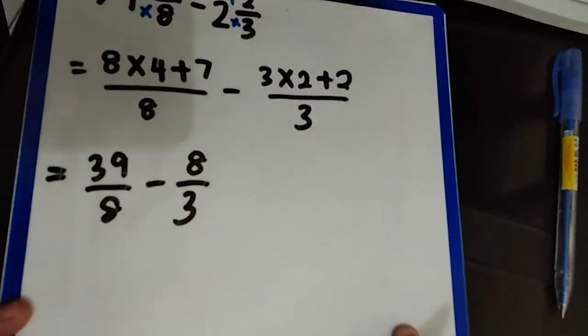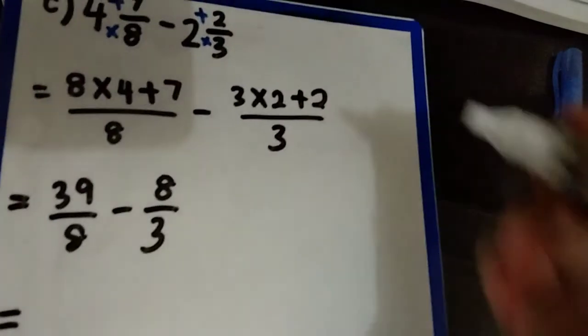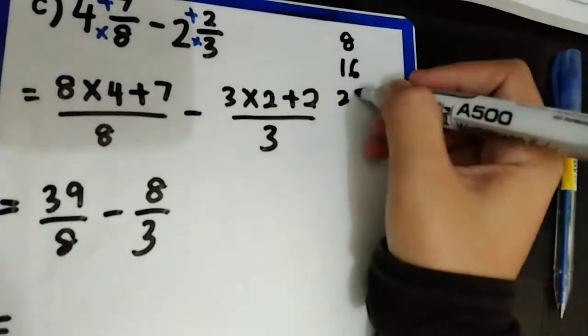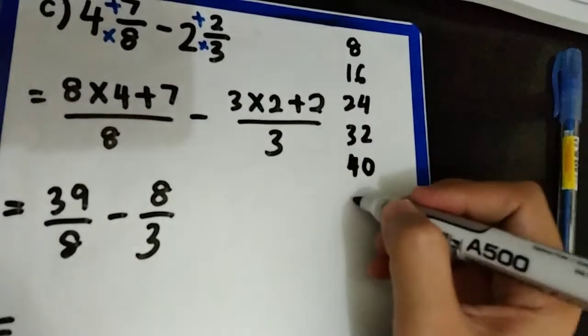So we're going to look at the multiplication tables of 8 and 3. List down the multiplication tables of 8 and 3 and find the common number. Pick the same number and the smallest number.